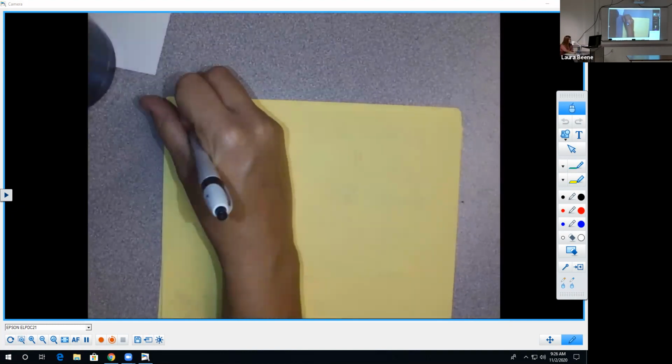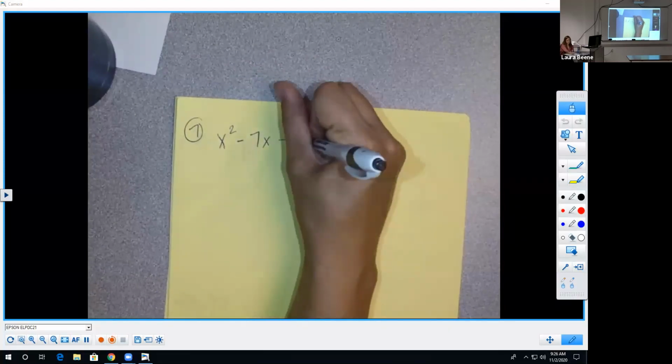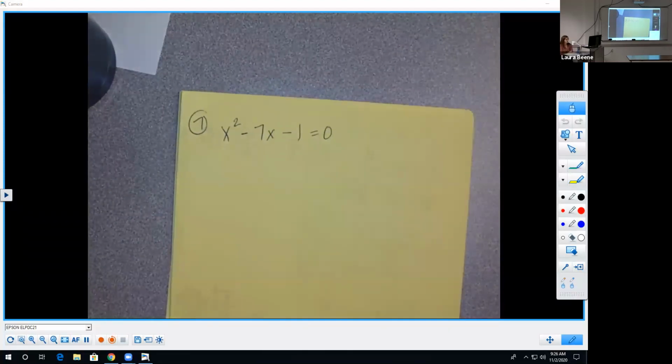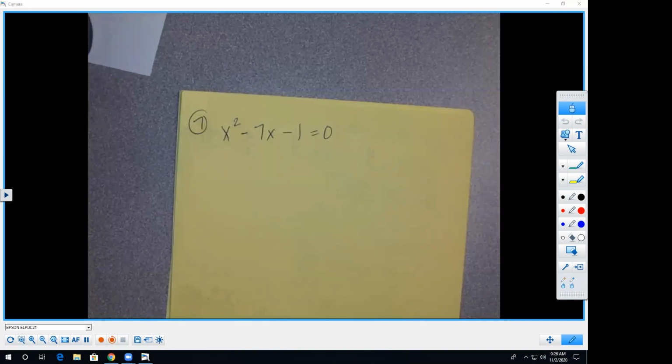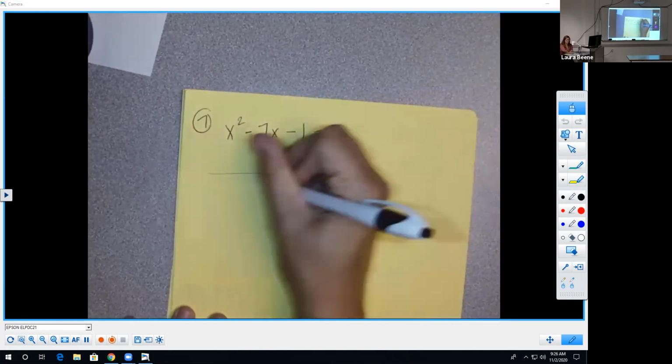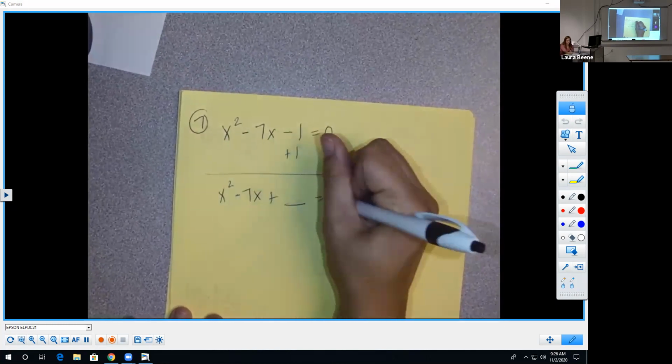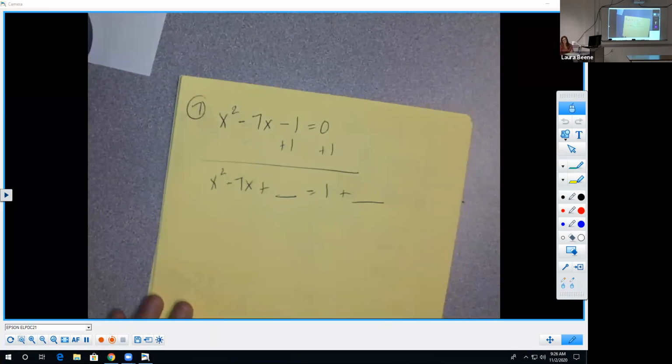Okay, so if I had a problem like this, x squared minus 7x minus 1 equals 0. First thing you have to do is move the 1 over to make room for your blank. So I get x squared minus 7x plus blank equals 1 plus blank.